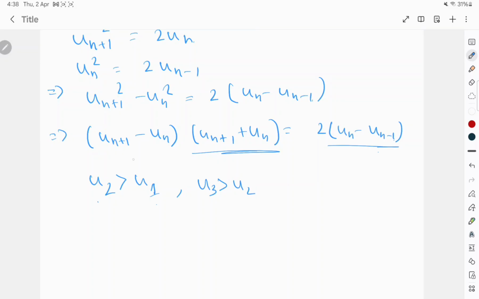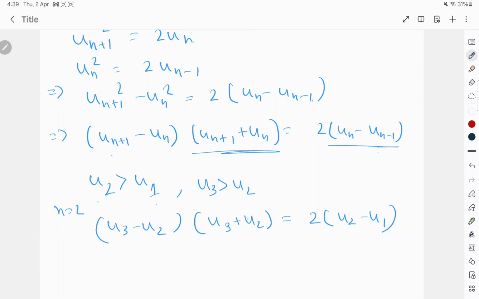Why? Basically, in this relation you just put n equal to 2. So what you will get is u3 minus u2, then u3 plus u2 equal to 2 u2 minus u1, right? This is what you get for n equal to 2.